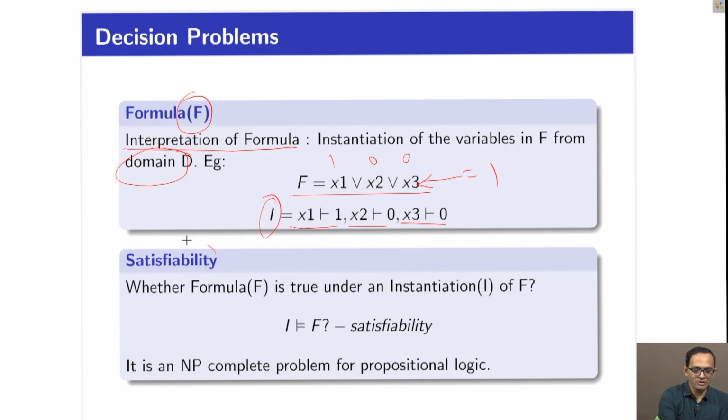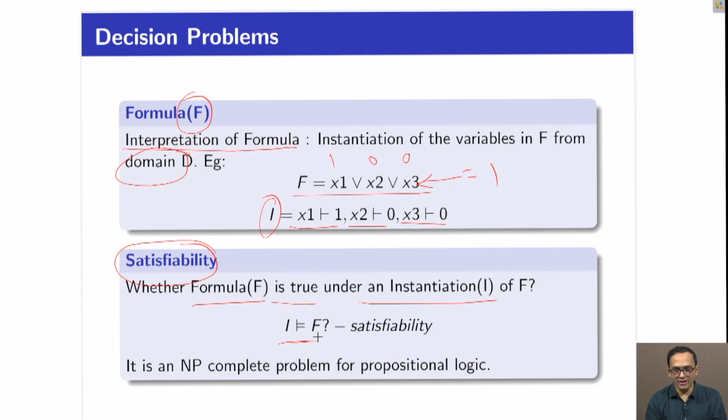So, the satisfiability checking is this: given a formula f, you just say whether the formula is true under an interpretation I, right. So, you have to find out whether there exists an interpretation under which the formula evaluates to true, okay. And that is given by this symbol, right.